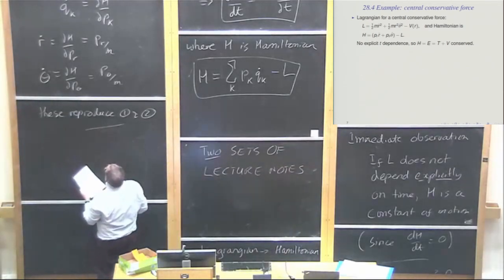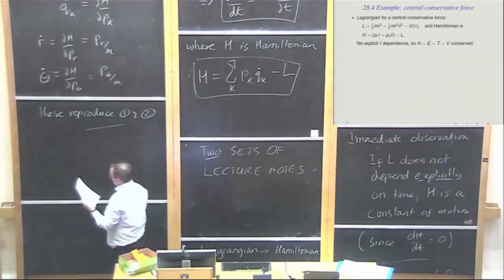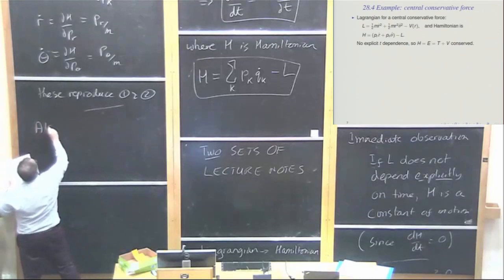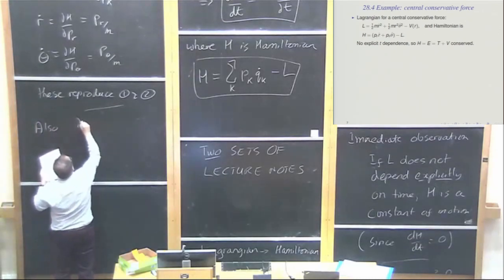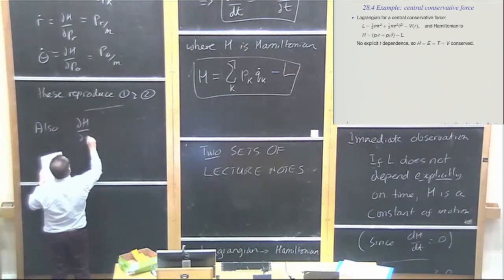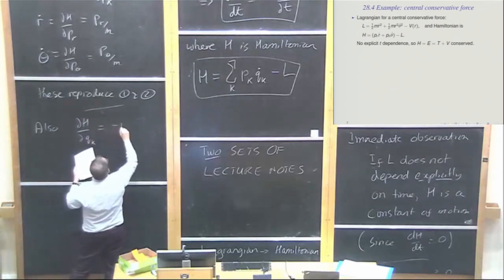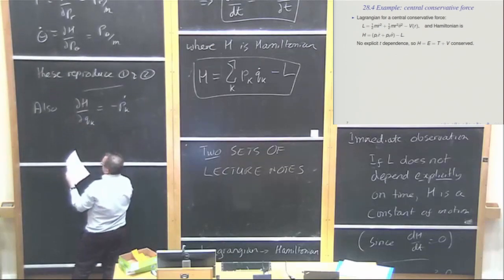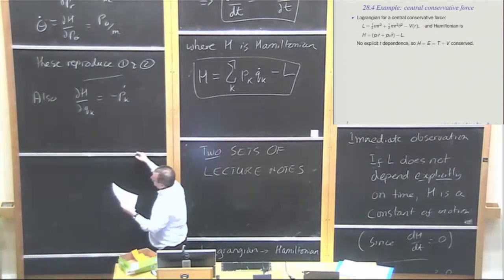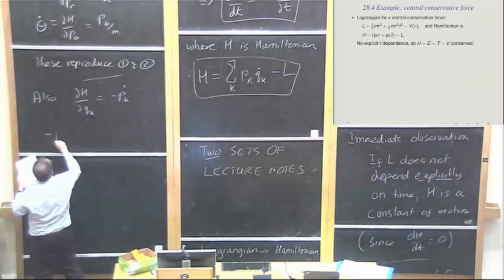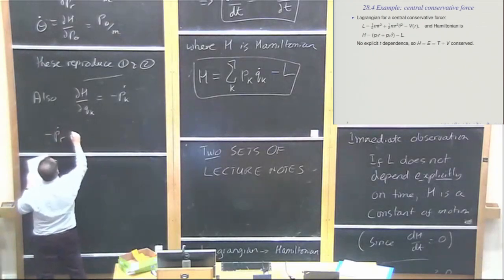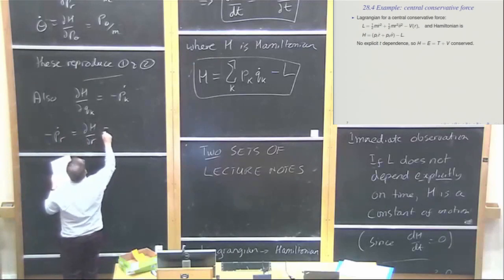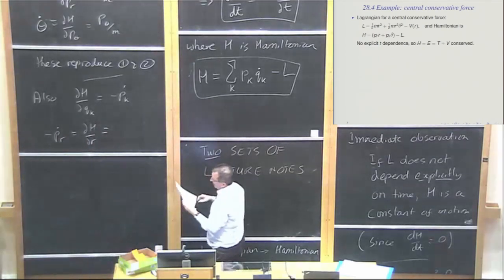Now we have this other Hamiltonian equation, right, which is that also we have dH by dqk is equal to minus pk dot. So let's see what that gives us. In the r case, this is going to give me that minus pr dot is equal to dH by dr. What is dH by dr?